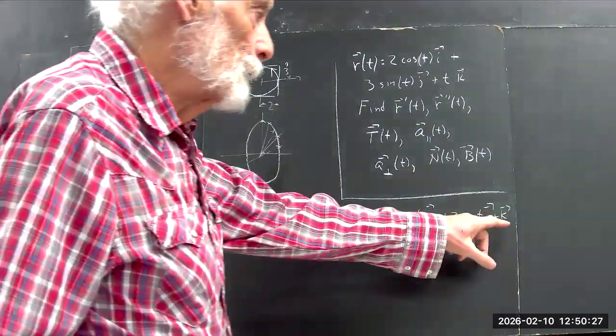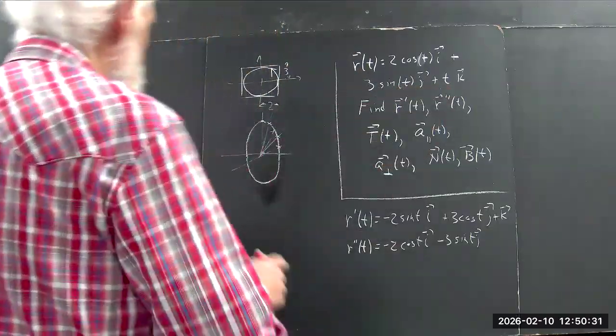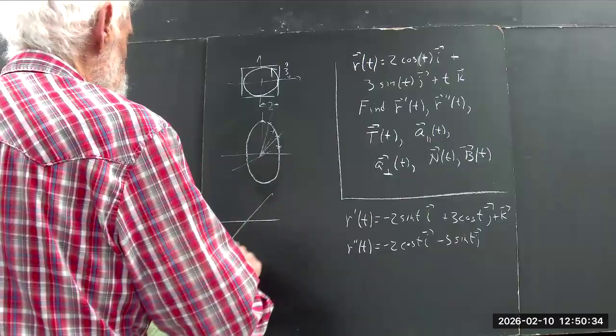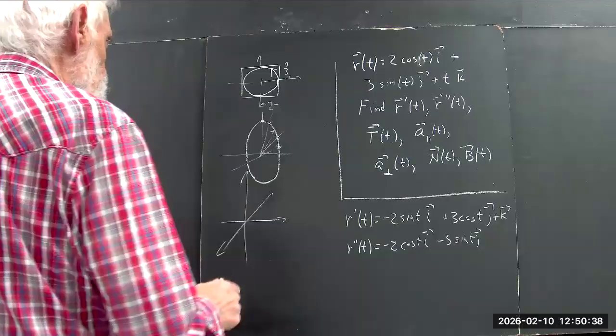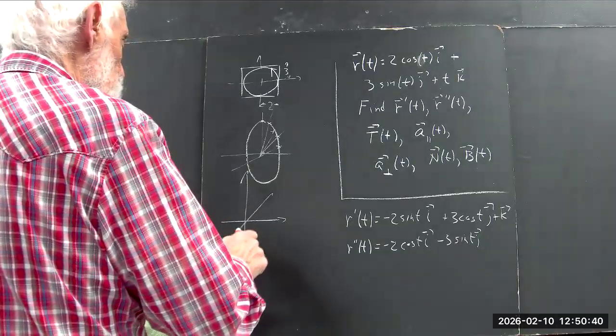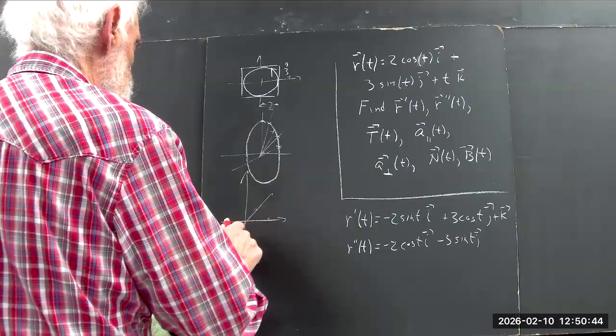Now, the other thing that's happening is you're adding tk. That means if I draw this thing in 3 dimensions, well, I've got my ellipse down here. Maybe the ellipse comes out to here and out to here, here and here.